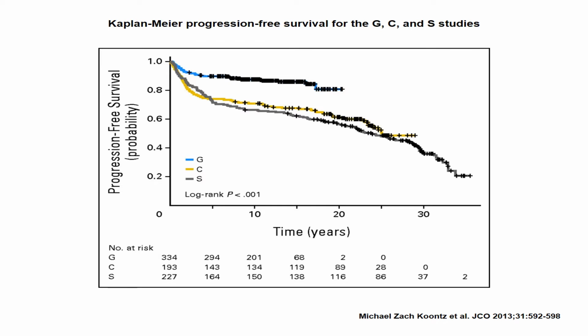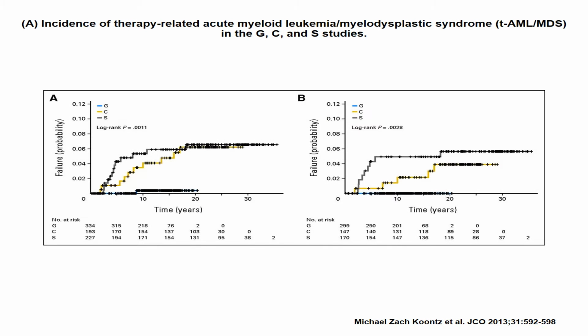This is from Stanford. Again, over the years, they have been limiting the amount of alkylating agent they use in their Hodgkin's lymphoma patients, and also using better radiation techniques. And they also showed on the left the overall incidence of therapy-related myeloid neoplasm is significantly better in the more recent regimen.